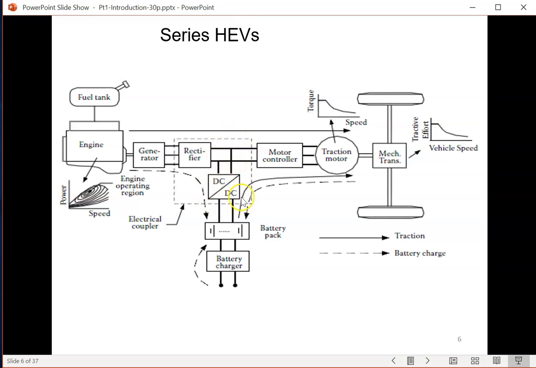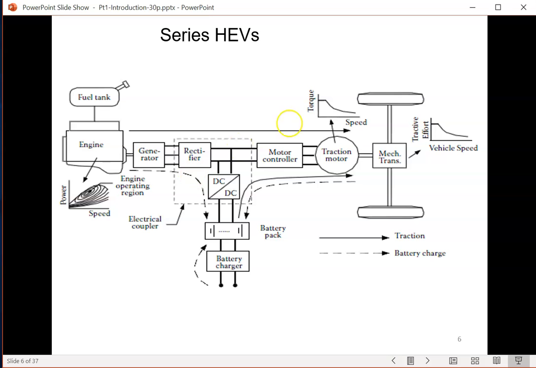Now the DC voltage then goes through another power electronic circuit called a DC to DC converter, which changes the voltage level from one to another. And a DC to DC voltage converter can be bidirectional.